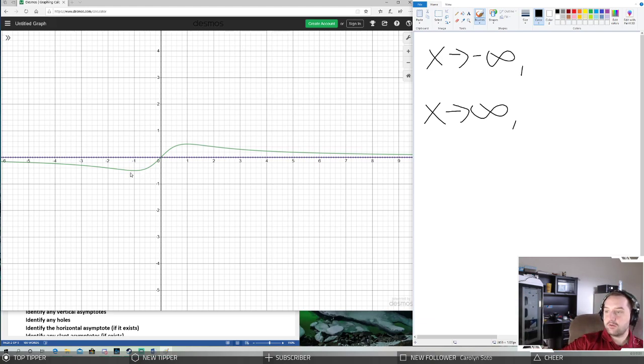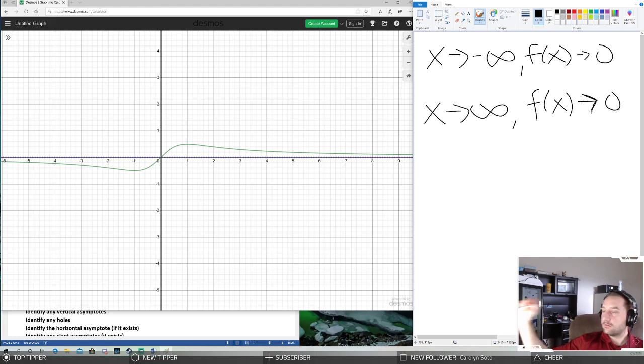As x goes to negative infinity, it's approaching the y value of 0, so my y goes to 0. And as x goes to positive infinity, it's again approaching that horizontal asymptote, so it's going to approach 0. And so that's my end behavior. Comments or questions on that?